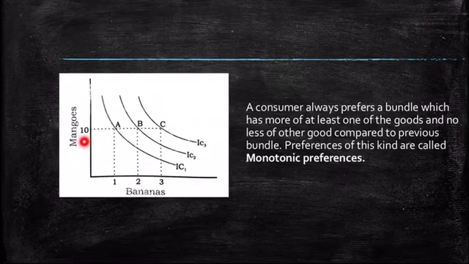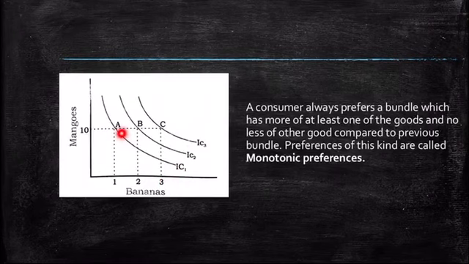Because of this reason, he shifts from one indifference curve to a higher indifference curve. You can observe here that combination A is providing him 10 units of mangoes and 1 unit of bananas, and the consumer was at indifference curve 1.